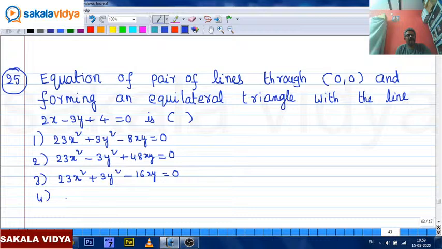Fourth option, 23x square plus 3y square plus 48xy equals to 0. This is the question.